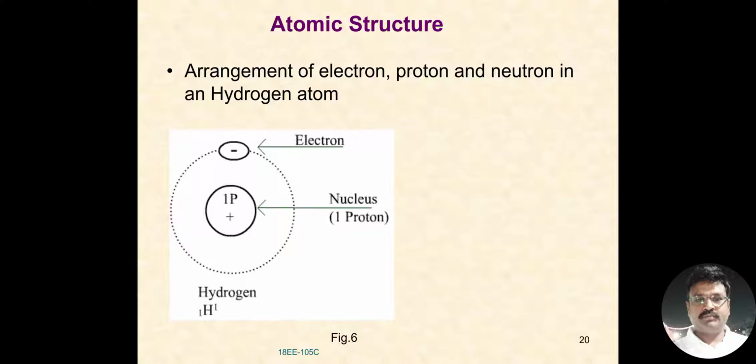The electron carries a negative charge, and each electron has a charge of minus 1.602 × 10^-19 coulombs, which is opposite to the proton charge. The mass of the proton is 1.66 × 10^-27 kg.